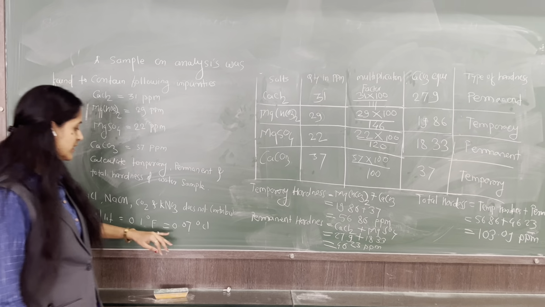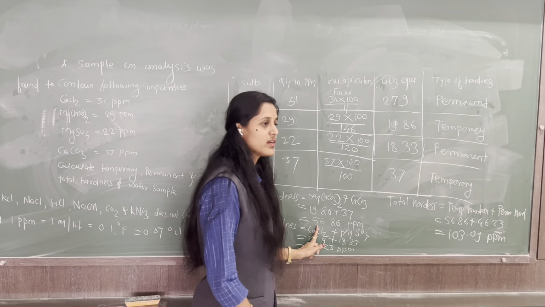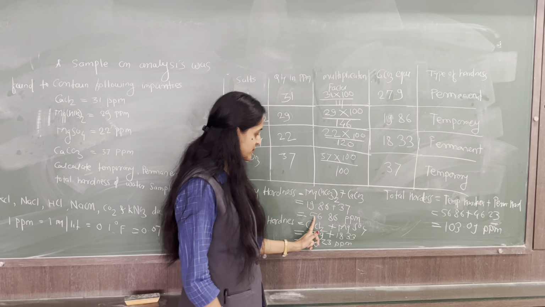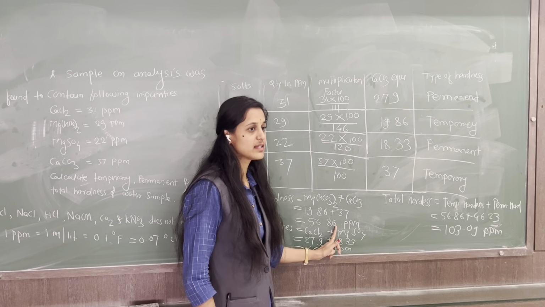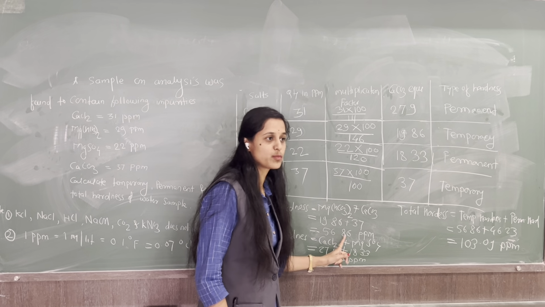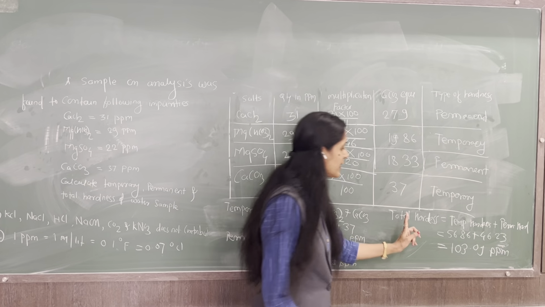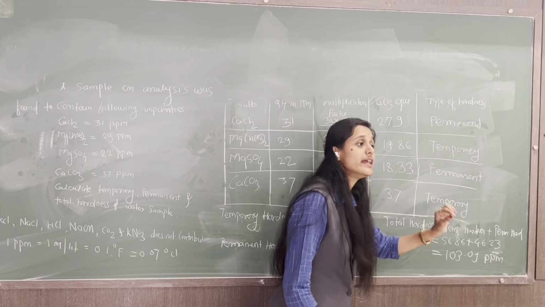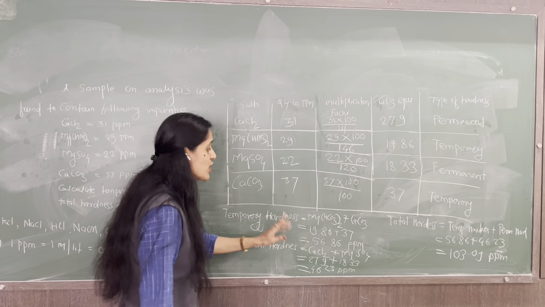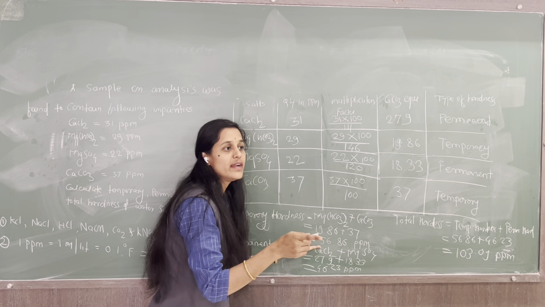If they ask to calculate in degree French, then you have to convert the temporary hardness 56.86, permanent hardness 46.23 and total hardness 103 into degree French. For that you have to multiply each answer with 0.1.